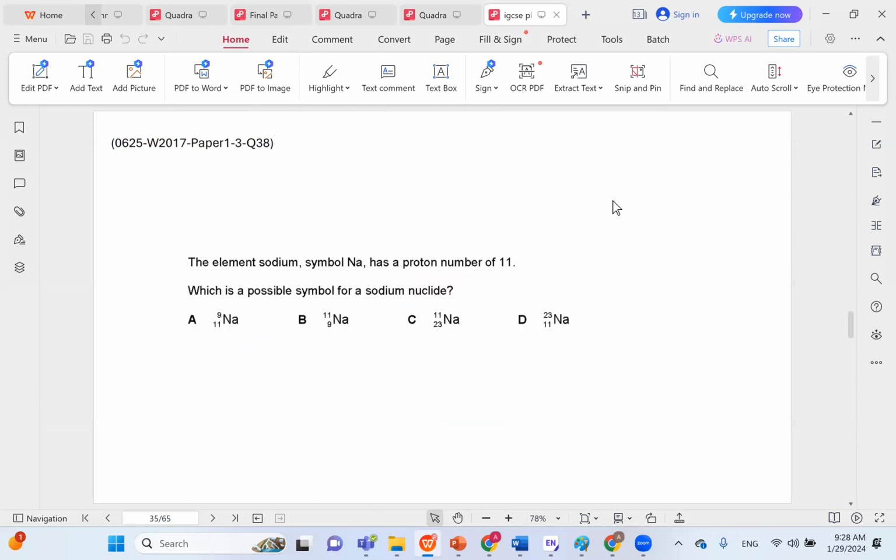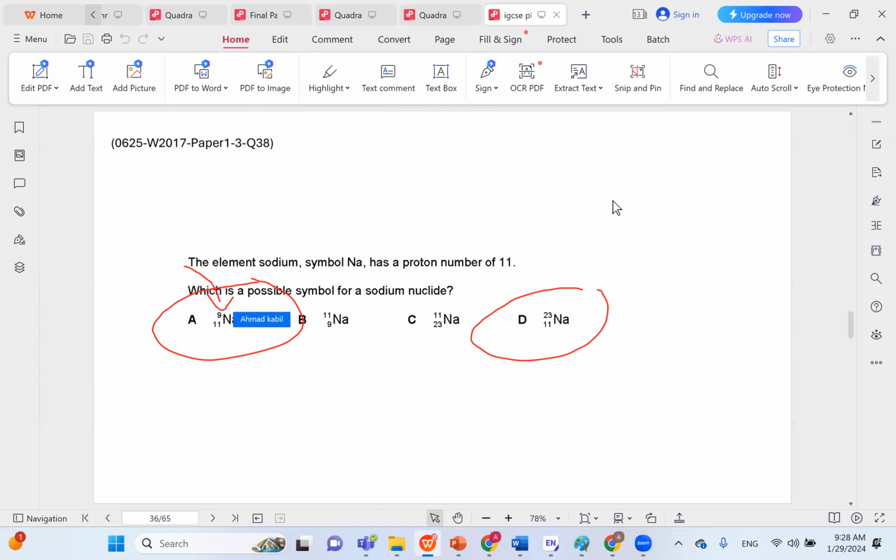Okay, so next, the element sodium, symbol Na, has a proton number of 11, which is a possible symbol for a sodium nuclide. So if you have a proton number of 11, it has to be either A or D, because these are the ones that have a proton number of 11. But which is it? Is it A or D? Of course, it's not A, because the mass number here is 9.